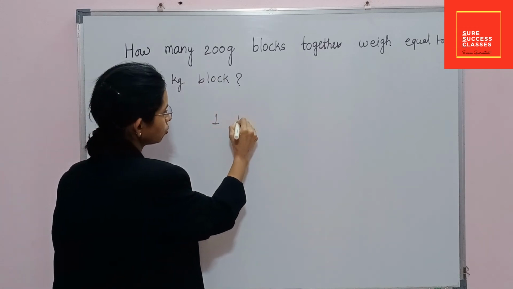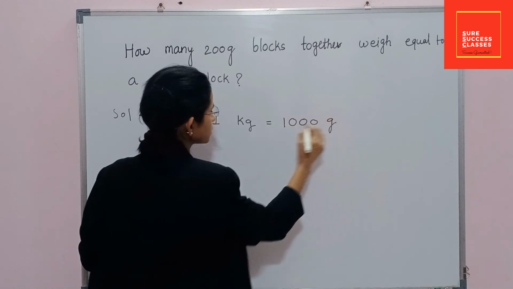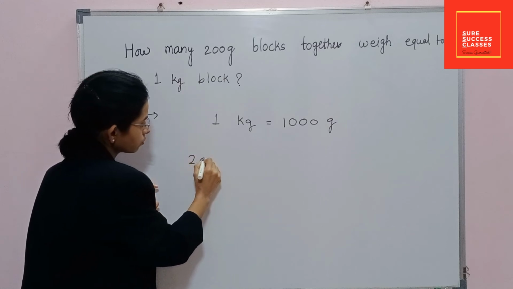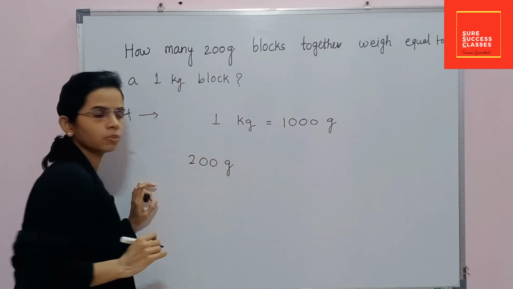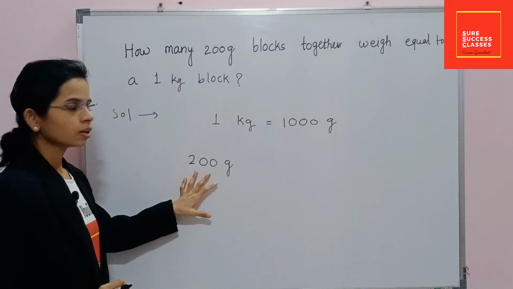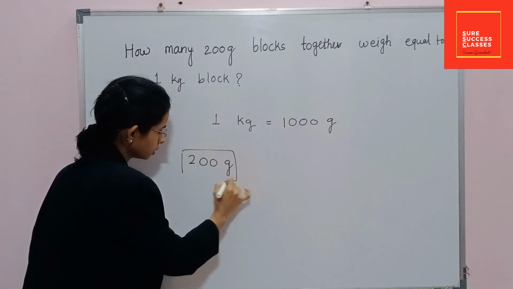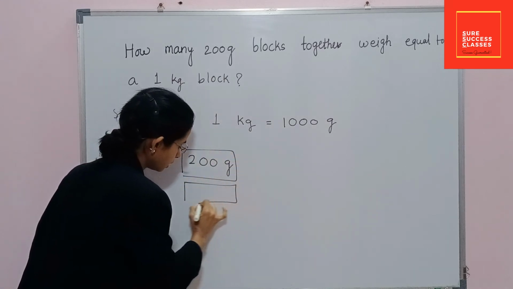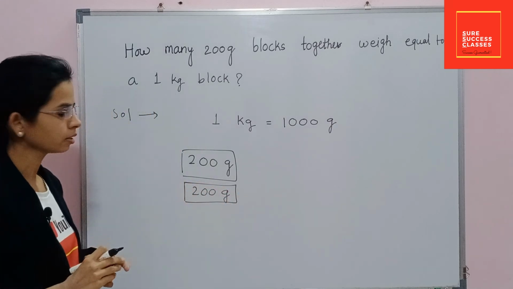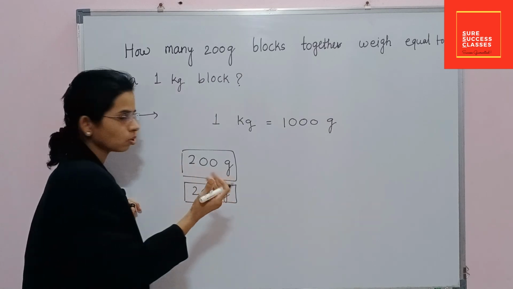We know 1 kilogram is equivalent to 1000 grams, and we have this first block which is equal to 200 grams. If we add another block to these 200 grams, then the total weight will become 400 grams, which is not equal to 1000 grams.